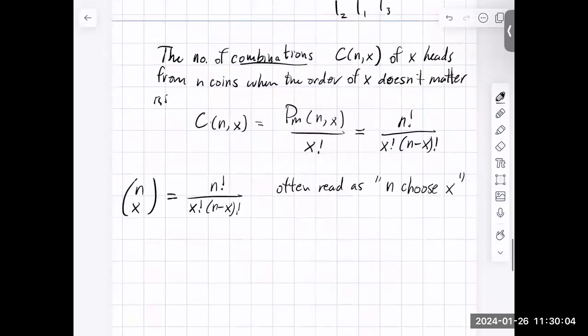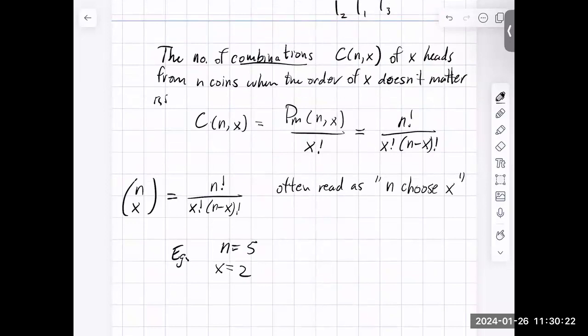Okay, so let's just confirm our example for X equals 2 and N equals 5. We want to get a 10.